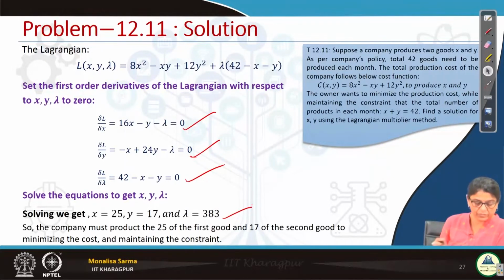So I got this x value, this y value and this lambda value. The company must produce 25 of the first good, and you see this satisfies the constraint also, x plus y equals 42. So the company must produce 25 of the first good and 17 of the second good to minimize the cost, maintaining the constraint.